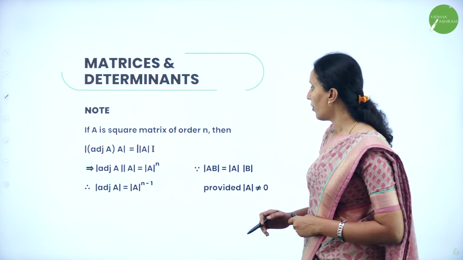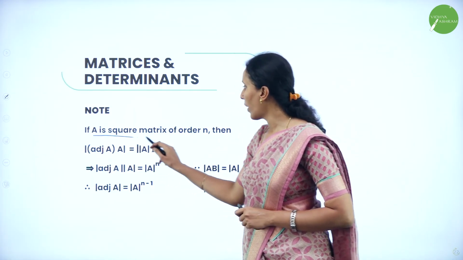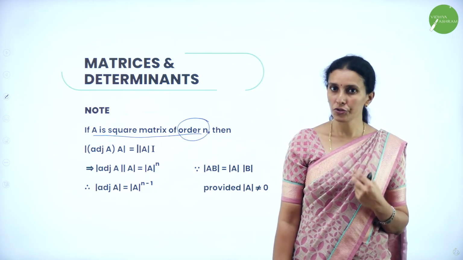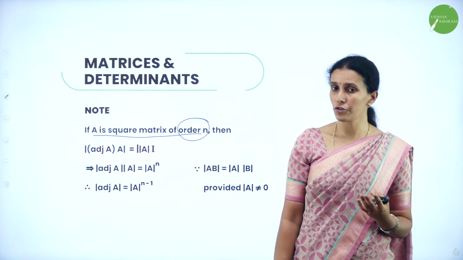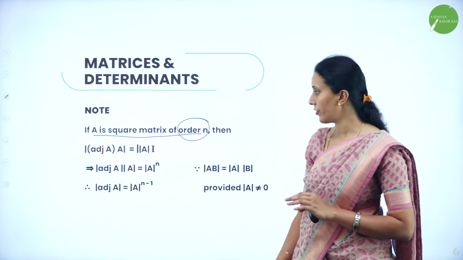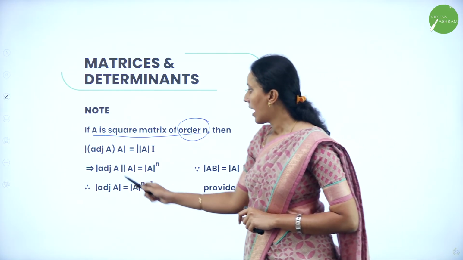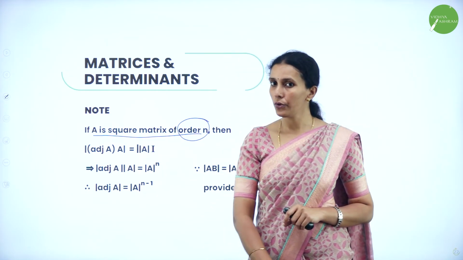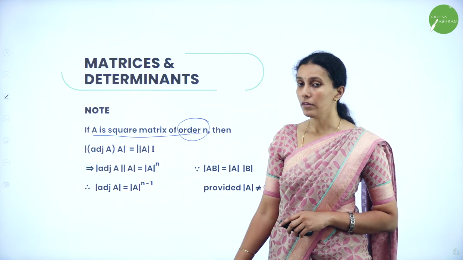Next. So note here, if A is a square matrix of order n. Order n means it may be a 2 cross 2 matrix or 3 cross 3, 4 cross 4, 5 cross 5. It's a square matrix of order n. Then adjoint A into A is equal to determinant A into I. We have seen this from theorem 2.